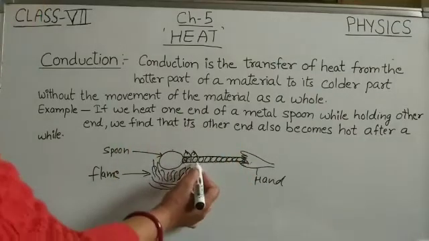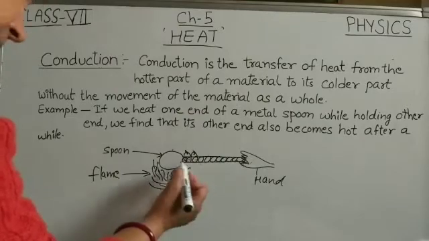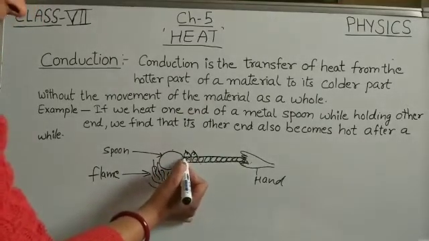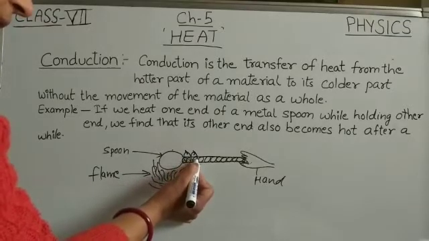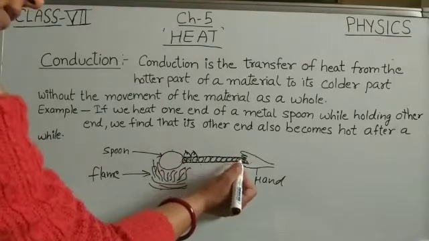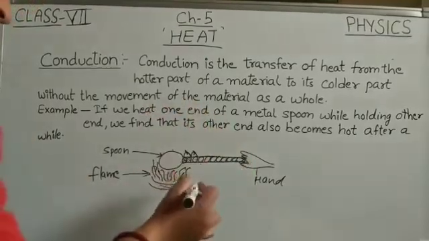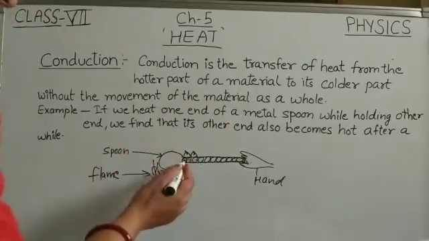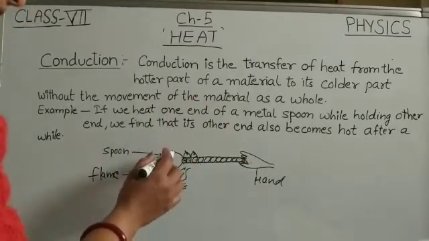They are not leaving their spaces, but heat is transferring from particle to particle, from this particle to this particle to this, like this only. Its other end also becomes hot. Clear? So this is the way of conduction in solids.